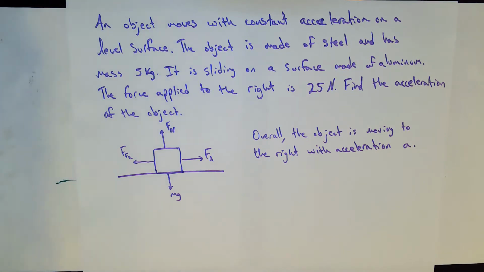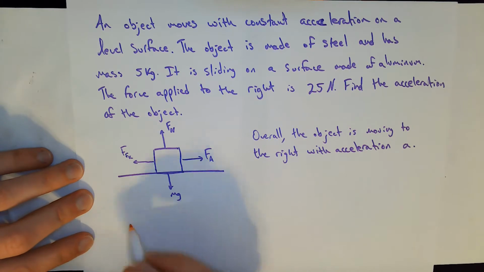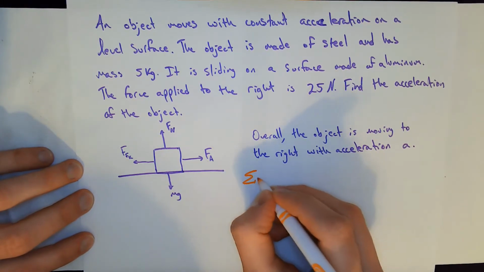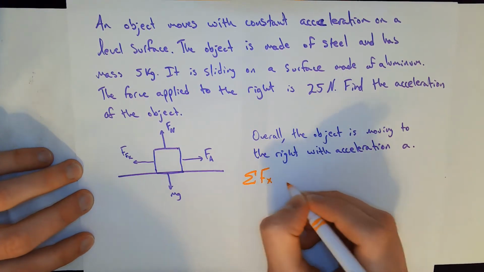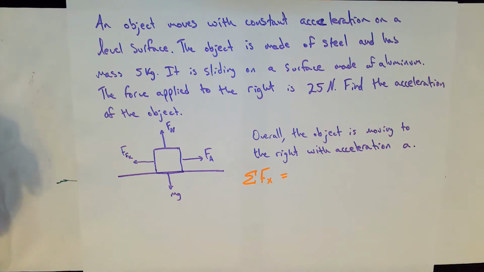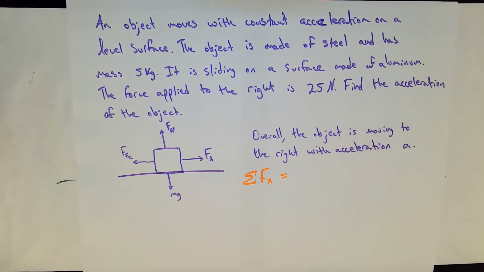So, consider the forces in the x direction, which I'll do over here for some more room. The sum of the forces in the x direction last time was equal to 0 because the object was moving horizontally with 0 acceleration, but this time it's not.